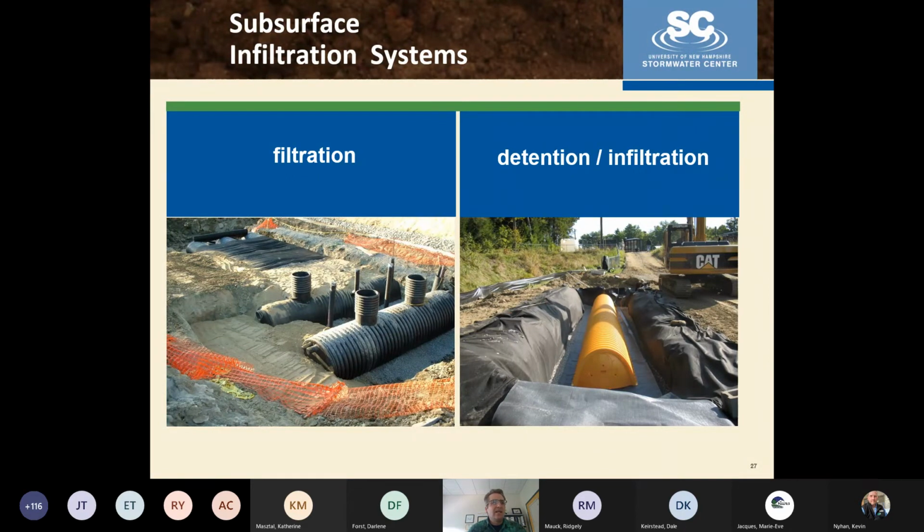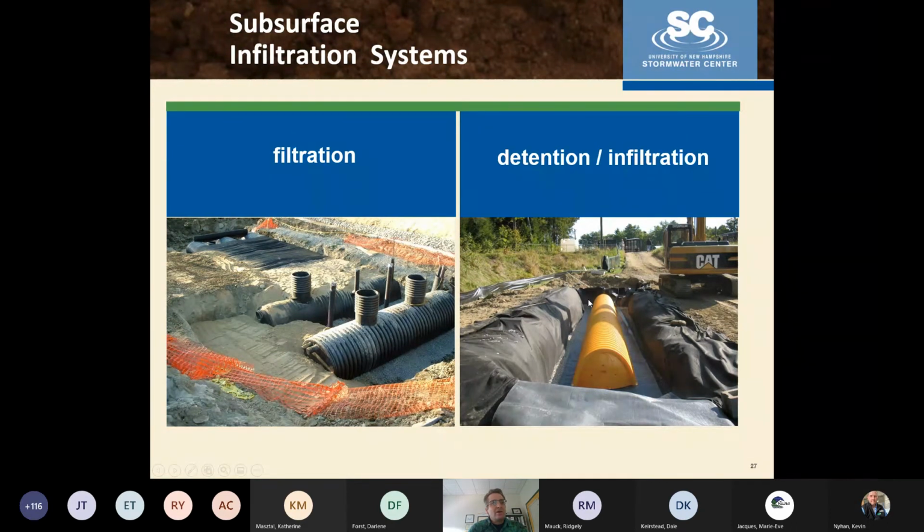So you can see it here in this picture. We have a woven textile on the bottom, and it's kind of wrapped in a non-woven fabric.